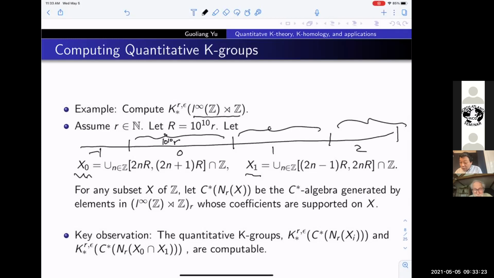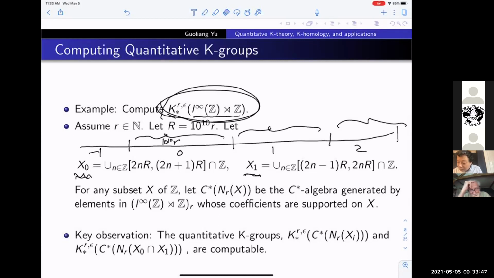But on the other hand, for this K group there is a Mayer-Vietoris sequence asymptotically, and we can compute the whole thing by looking at the quantitative K group supported on X0, X1, and their intersection.